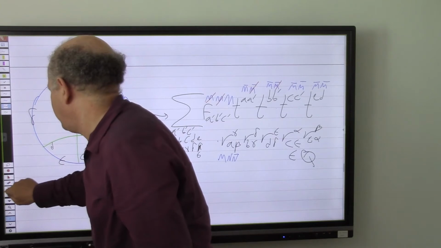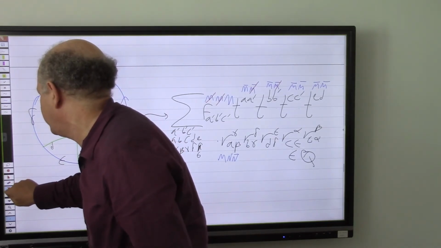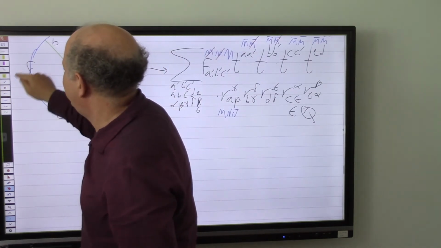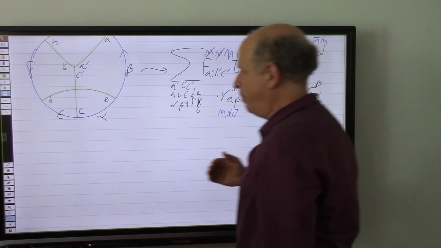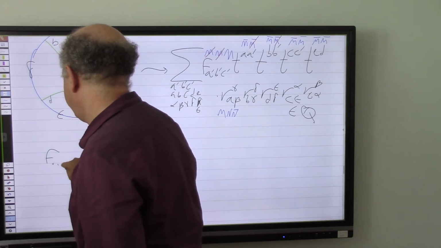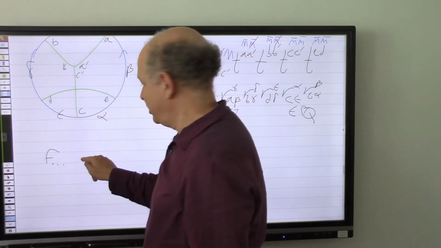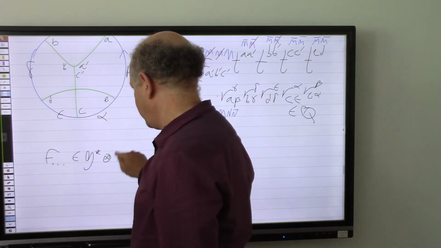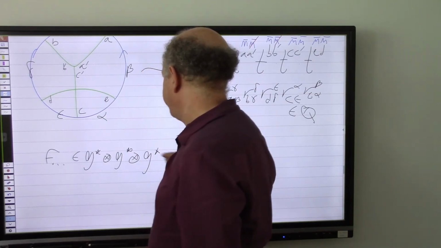How are people familiar with the tensor product of spaces? Oh, they are, because we talked about it. But really, each of these tensors can be interpreted as lying in some tensor product of spaces. So f with 3 lower indices really lies in G dual tensor G dual tensor G dual.